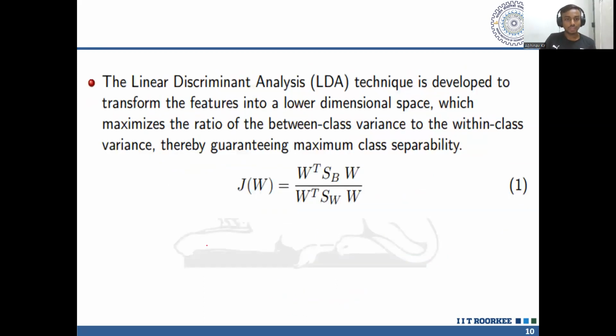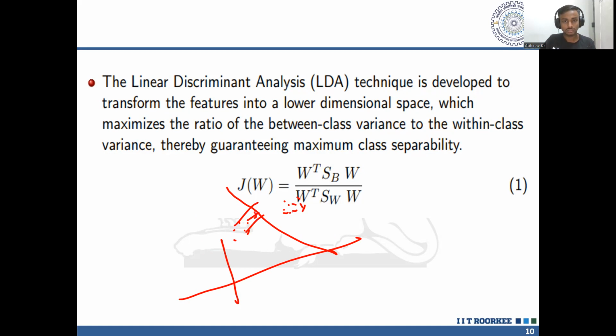The main aim and the main theory behind LDA is that we take a transformation of these data points into a lower dimension, such that when you project them, the distance between the classes is maximum and the distance within the classes is minimum.